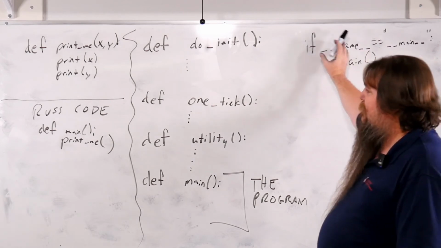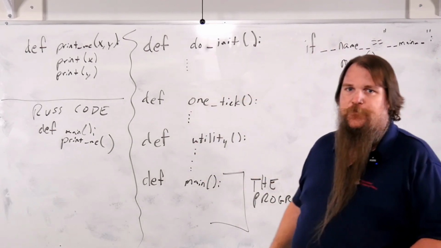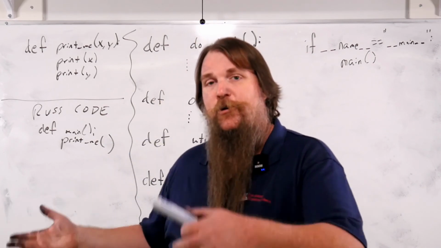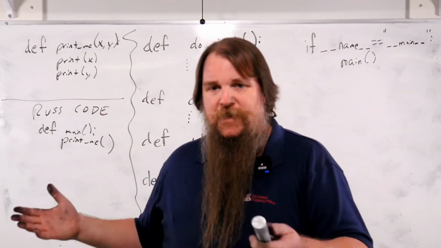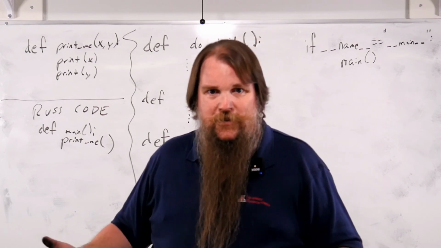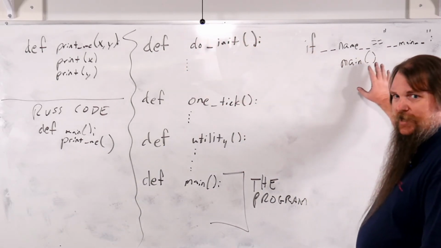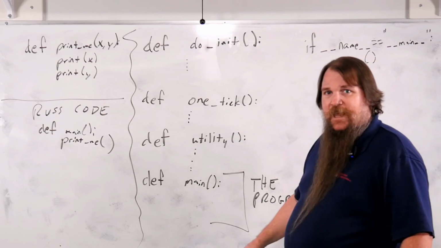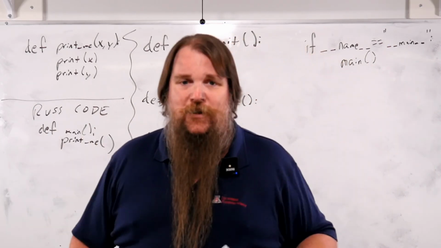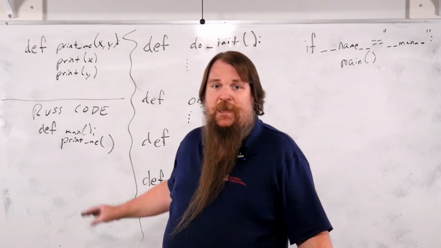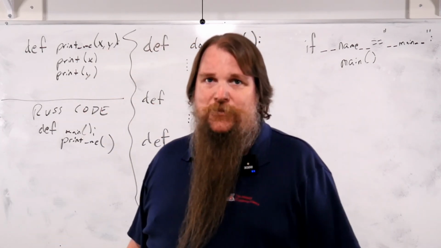But if the specification says write a program named ABC123, then you should have ABC123.py, and it should have this at the bottom. If I say in a file ABC123, create a function called print_me, then you don't need a main function for it.